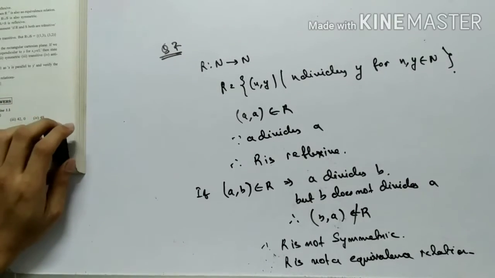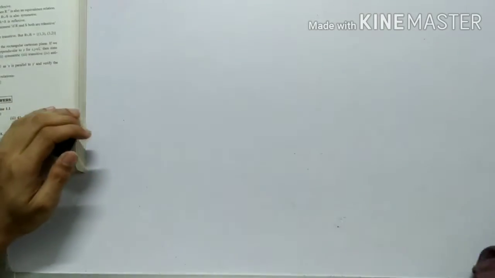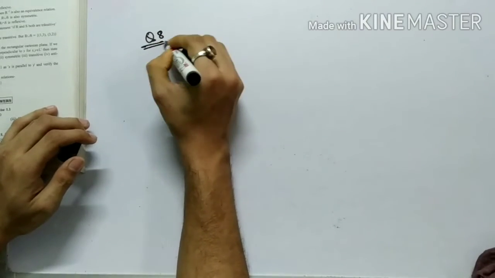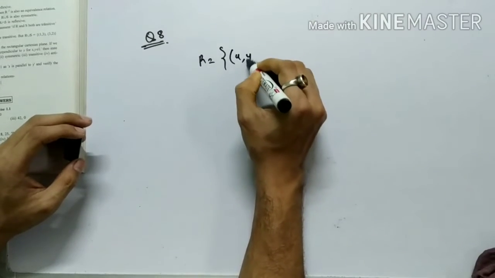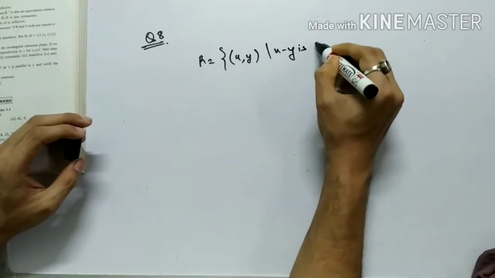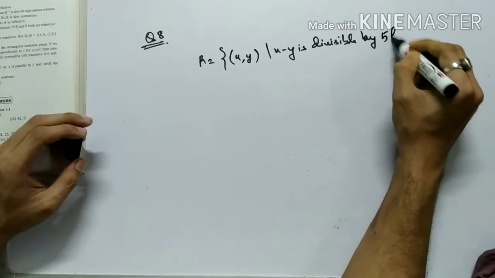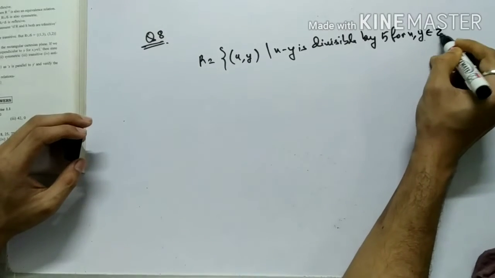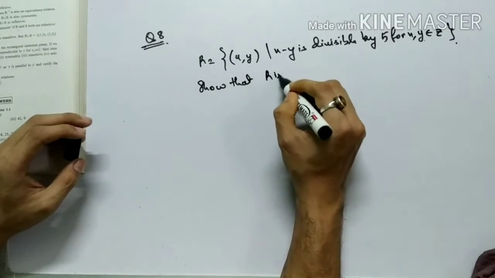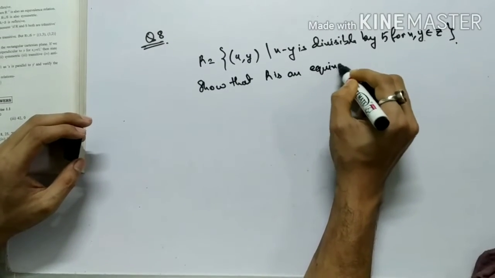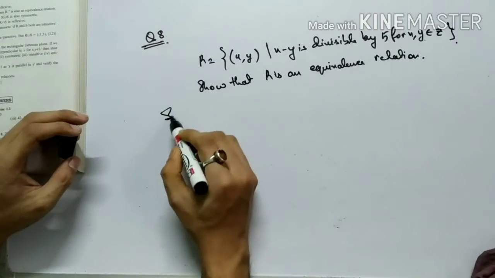Now next I will go to question number 8. Question number 8, you see: let R be a relation defined as R equals {(x, y) such that x minus y is divisible by 5, for x, y belonging to Z}, so that R is an equivalence relation.